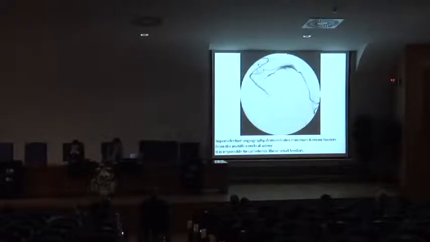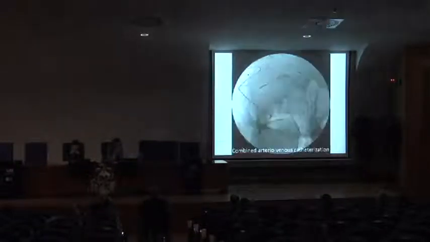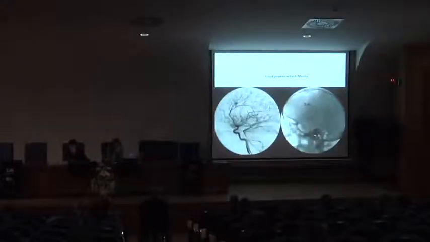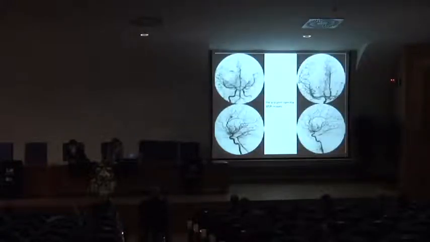It is impossible to catheterize these small feeders. You can see the transvenous approach. I put a microcatheter in the nidus of the AVM and close the malformation transvenously, retrograde. And you can see the result after embolization.